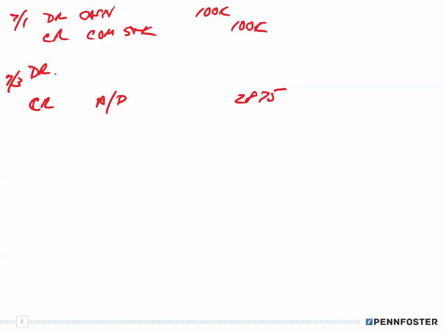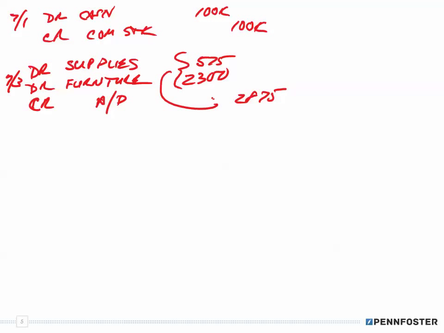And I'm going to debit supplies for 575, and I'm going to debit the furniture for $2,300. And I can see that my debits here equal my credit here. So that's that journal entry.